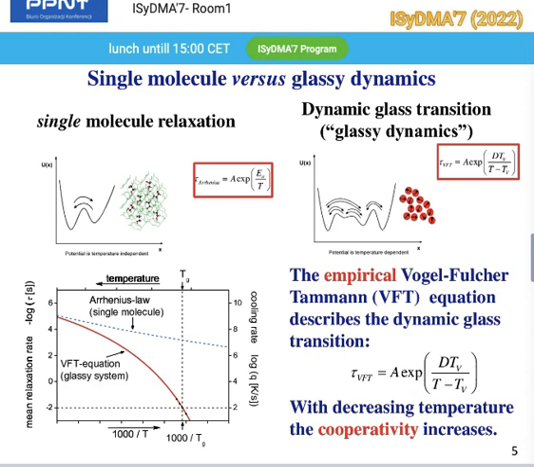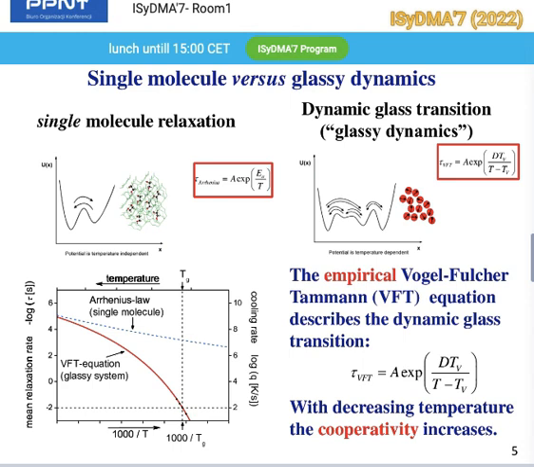If you just consider an isolated molecule in a zeolitic cage, which can be realized nowadays, for instance, ethylene propylene glycol in zeolitic cages, and you measure the relaxation time versus temperature, then one observes simply an Arrhenius type temperature dependence, as indicated here. This is the situation for a single molecule relaxation. The situation in a liquid is completely different.